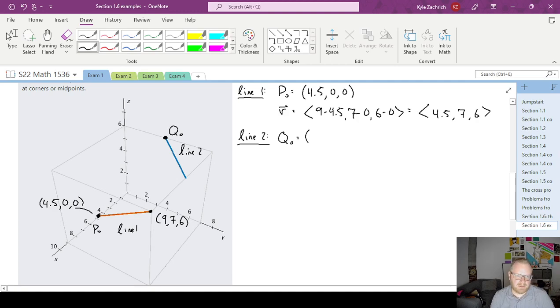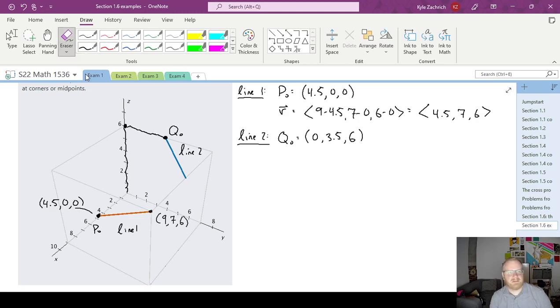In the y direction, well, let's go z first. So 0 in the x direction. In the z direction, from the origin, we're traveling up 6, and then over halfway. So half of 7 would be 3.5. So 3.5 in the y direction, 6 in the z direction.